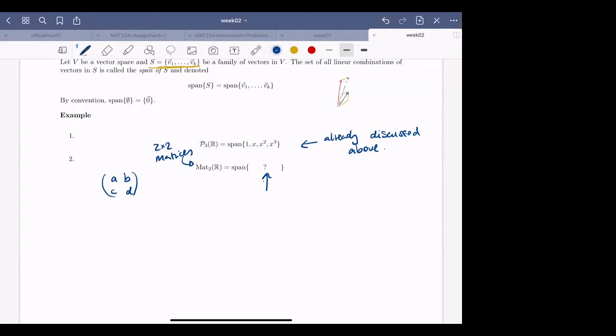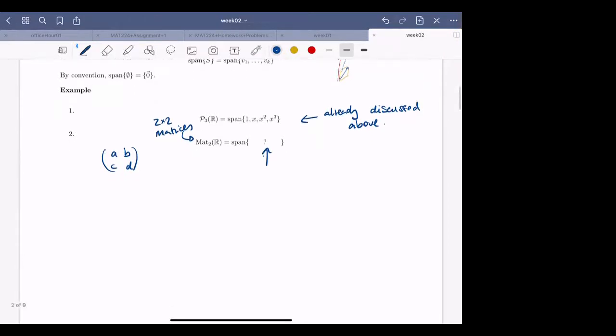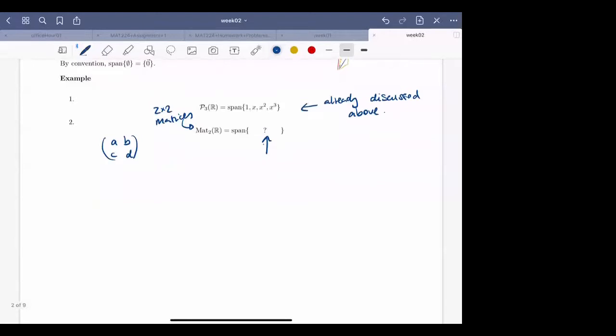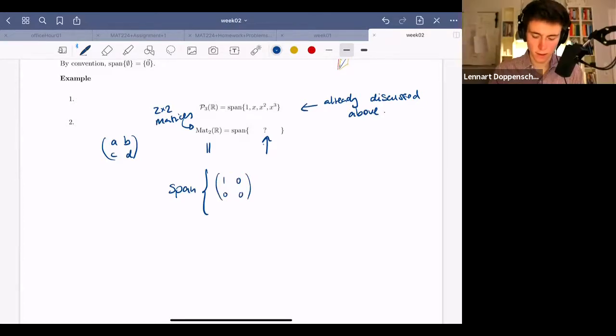Yes, Andrew. So I guess it could be 4 matrices where each contains a 1 and 0 everywhere else, so the 1 will be positioned respectively in each of the corners. Yes, correct.